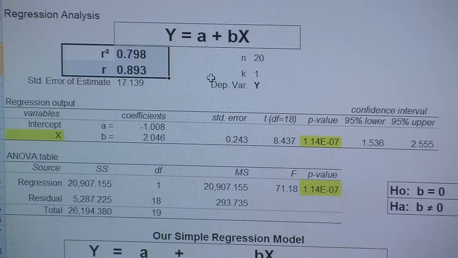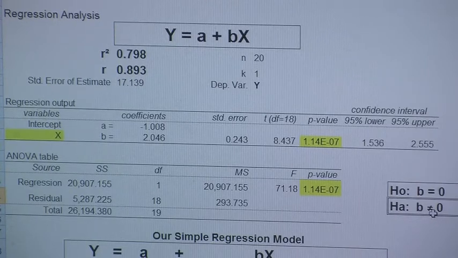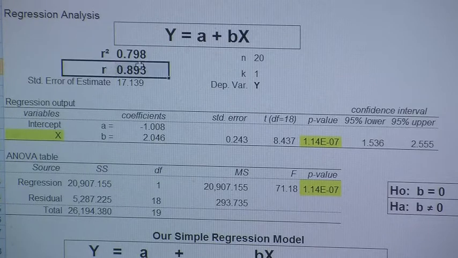Okay? So based on our inspection of r at 0.893, we conclude that not only did we reject the null hypothesis and conclude that the independent variable x does a good job of predicting the dependent variable y, we also, based on our inspection of r, concluded that the regression model does a really, really good job of predicting our dependent variable y.